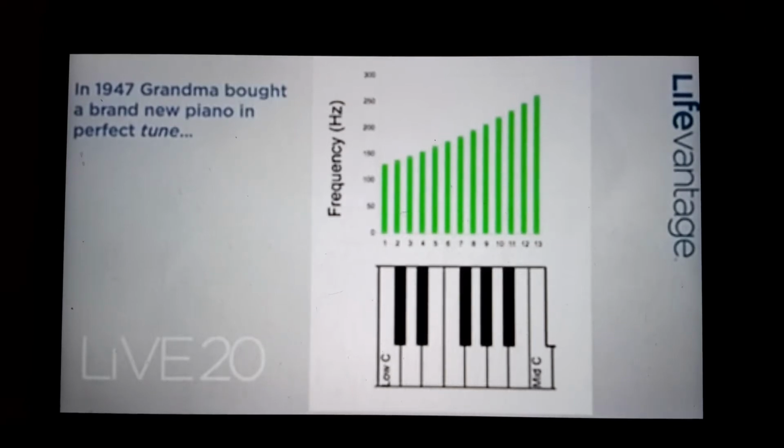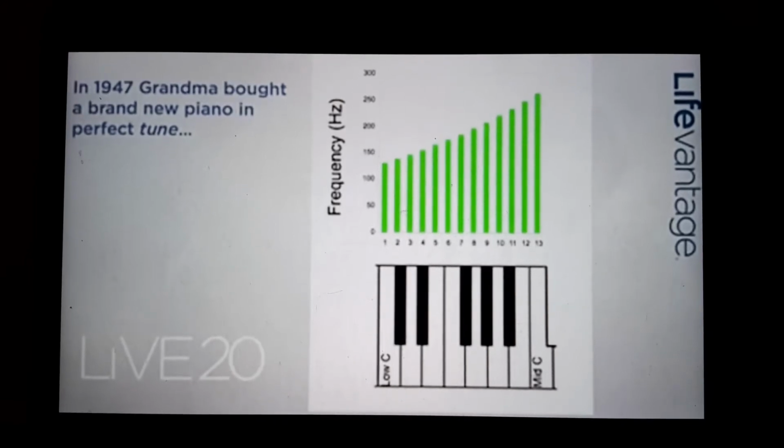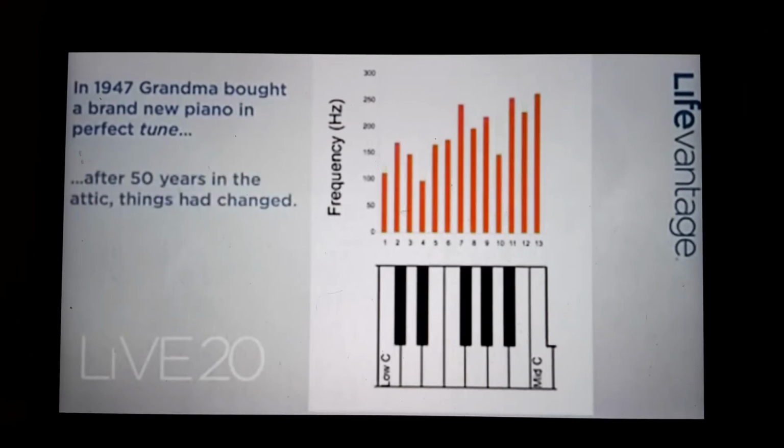Each of them has a defined frequency, and when that piano was delivered to Grandma, every one of those 13 keys was right on, or very close to the defined frequency for each of those notes. And as happens with pianos, let's assume that for whatever reasons, Grandma's piano spent 50 years in the attic.